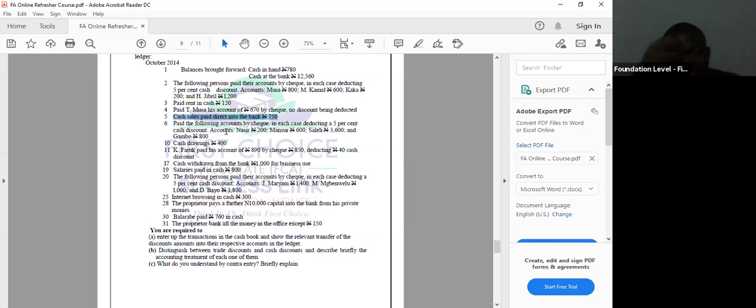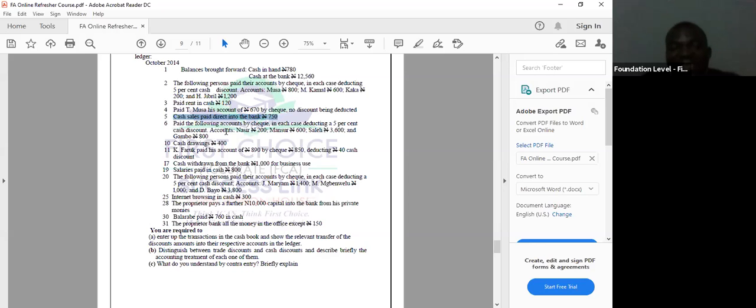Now, if you see these, we have to look at cash sales paid directly into the bank. Cash sales means that we make sales in cash. So cash is actually what? Cash received the sales, but we are not taking the money to the bank. So who is receiving the money at the end of the period? Bank is the one receiving it, while cash is the one giving.